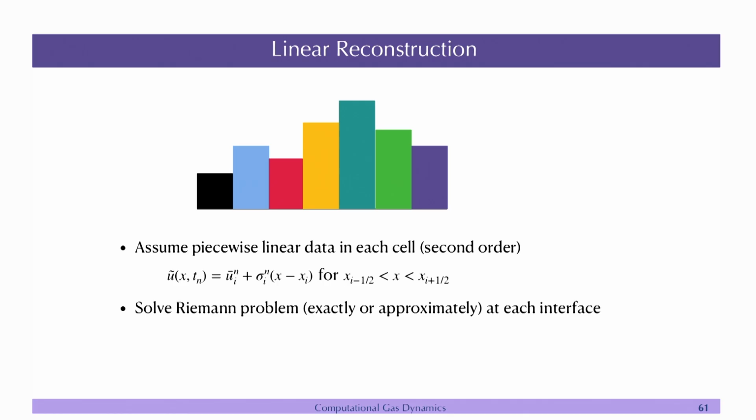Till now, we have considered a constant value in all the cells. Whatever value we have, the U_I bar, was constant, and that is why we are getting the first order formulation.